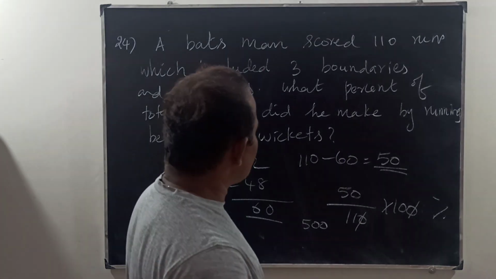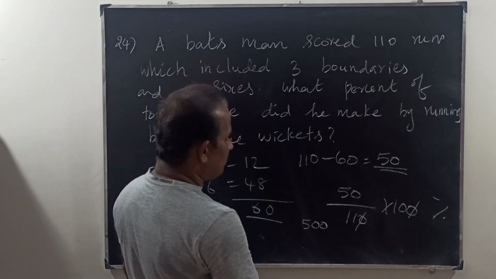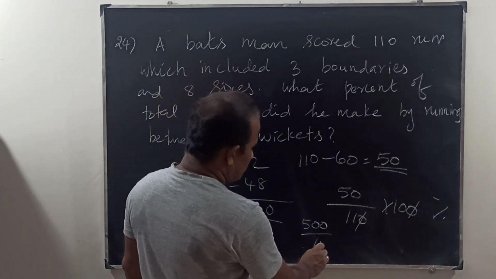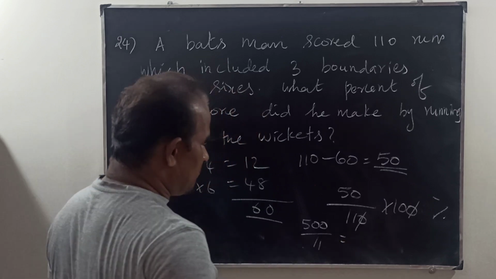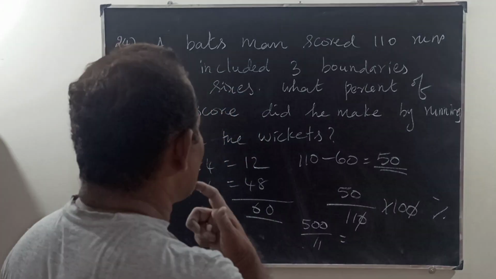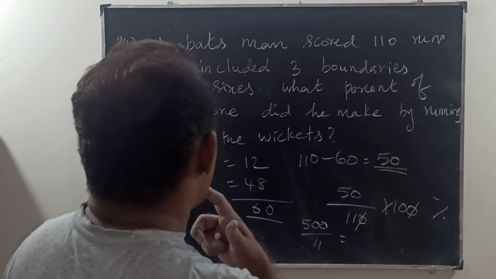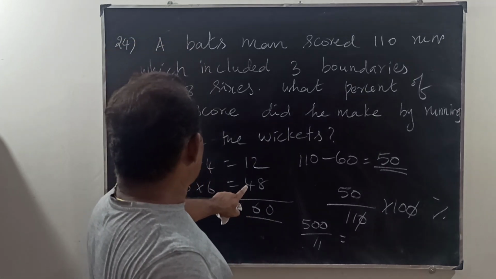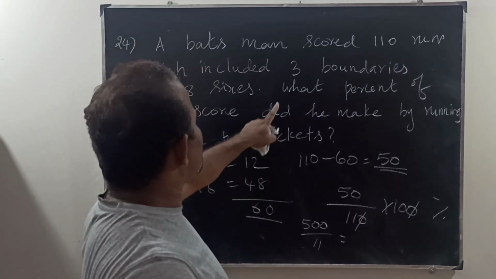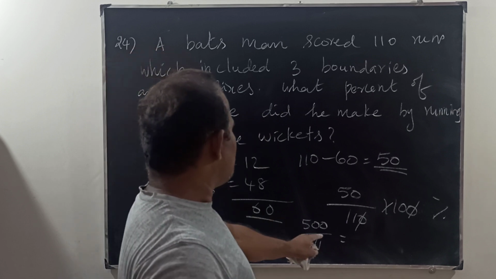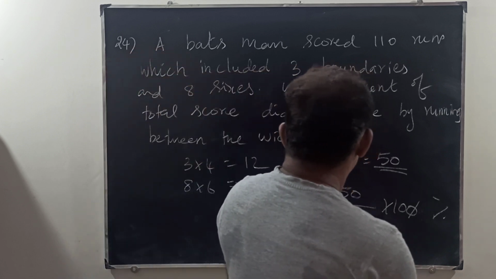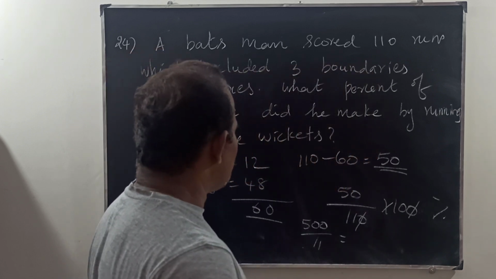40, 50, 60, totally 110 runs. What percentage? So this is equal to 50 divided by 110 into 100.